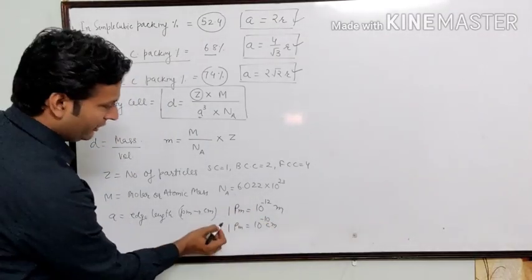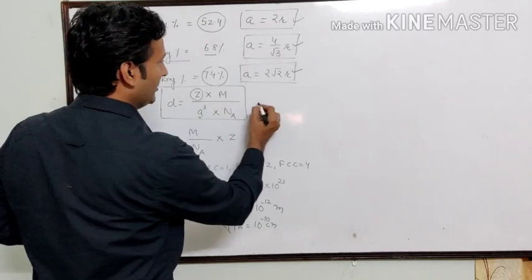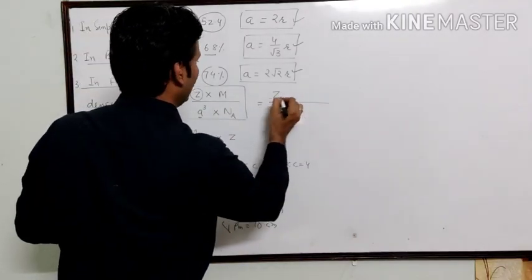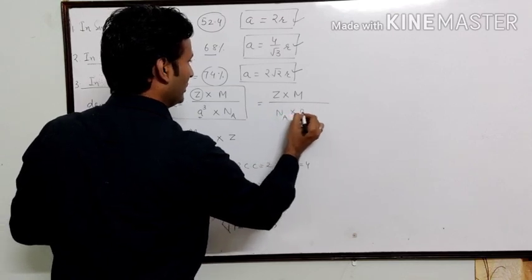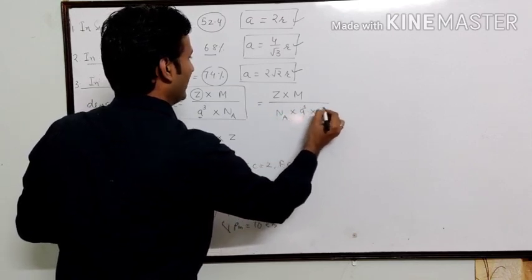So if I am considering centimeter, the formula will become D is equal to Z into M upon NA into a cube into 10 raised to power minus 30.